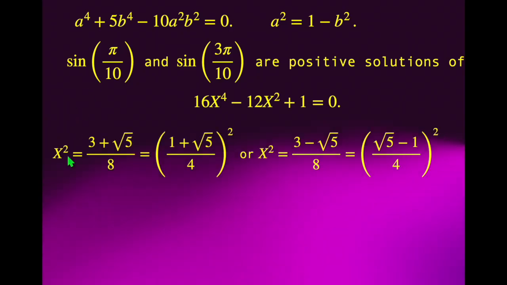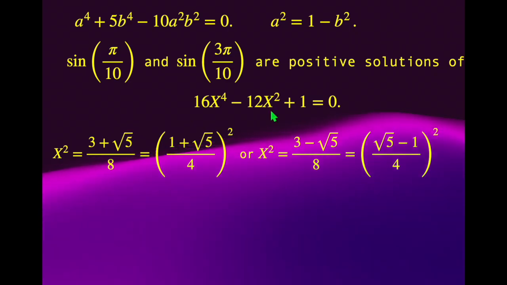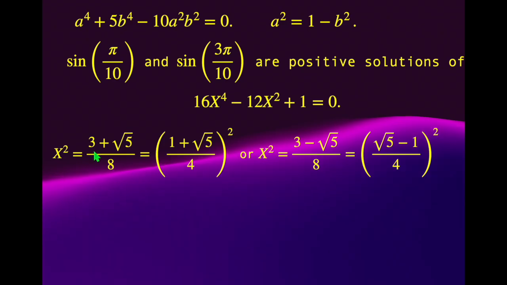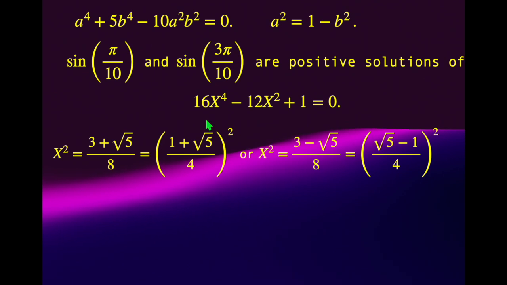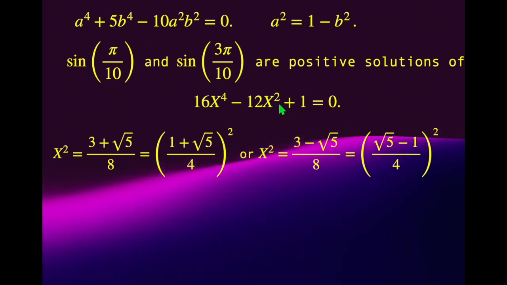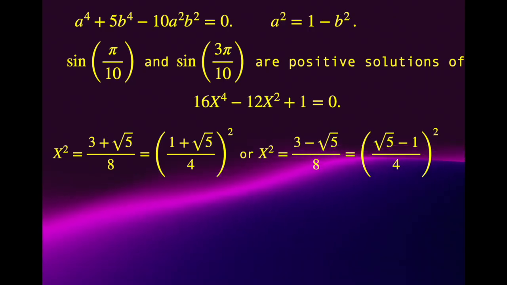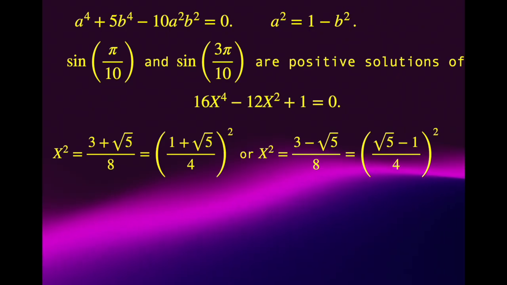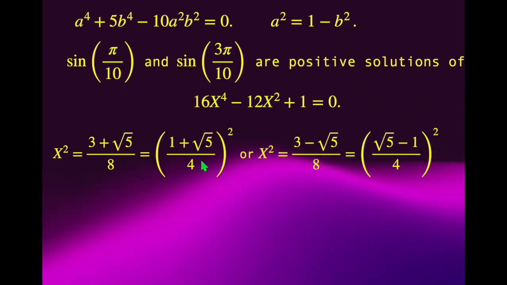So we solve first. We put little x equal to capital X squared, and we get that X squared is equal to (3 plus or minus square root of 5) over 8, by using the classical method to solve an equation of degree 2, and we write this quantity as a square.